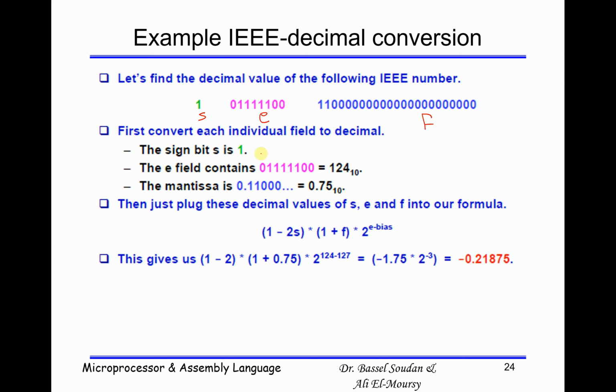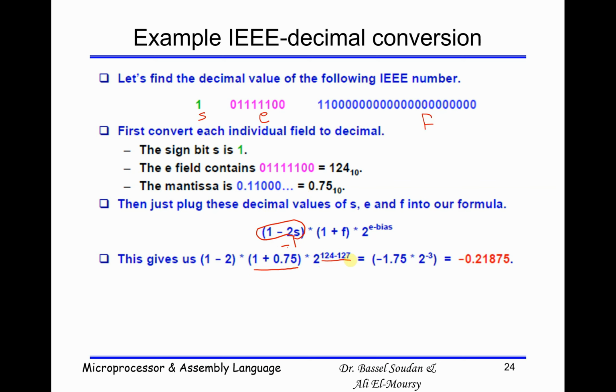Okay, so I convert this into decimal, and now I will integrate them into my equation. 1 minus 2S is minus 1. Okay, this is actually minus 1 for this field. Okay, 1 plus F means 1.75. Here is the fractional mantissa, and for the exponent I have to subtract 127 from 124.